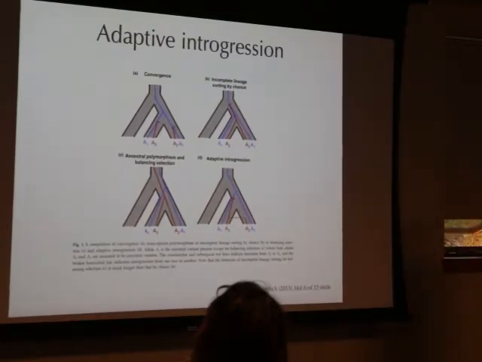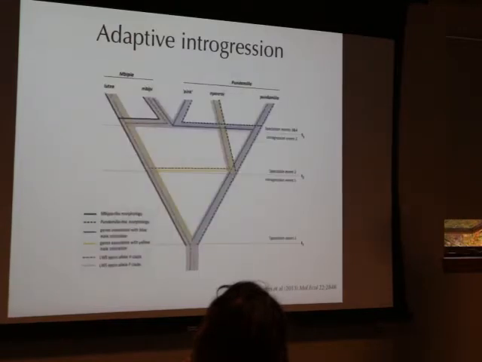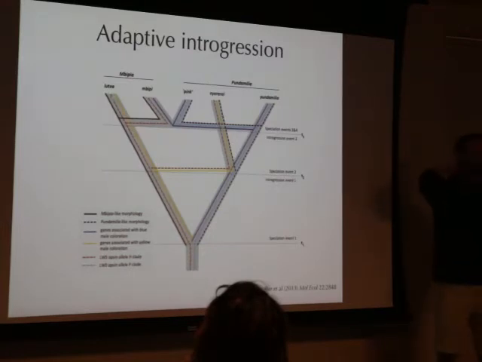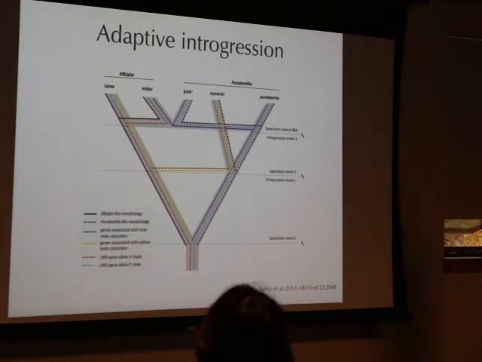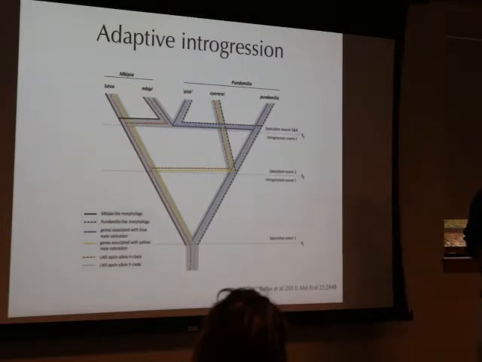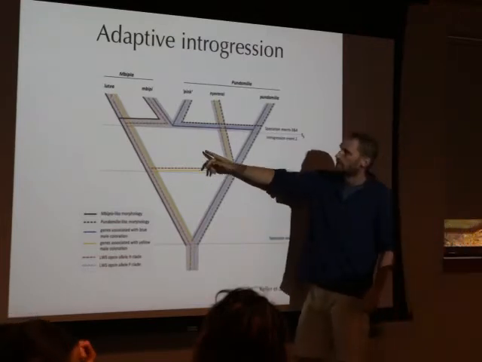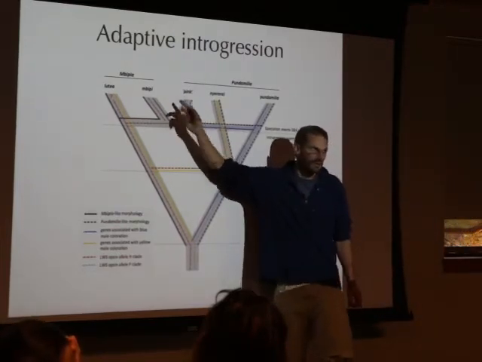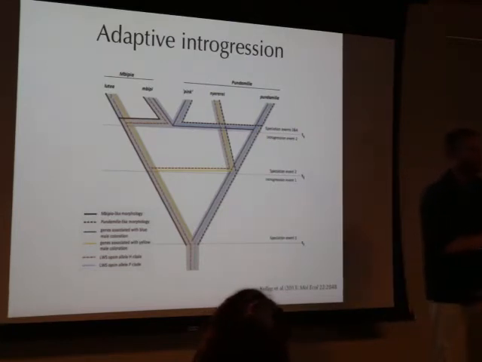So there are lots of cool examples of this, and in particular, all these genomic techniques that we've been talking about have allowed people to really get into detecting these cases. So this is a paper from a couple of years ago looking at cichlid fish in Africa. This was RAD data. Essentially showing hybridization, and hybridization leading to, if not new species, then at least new, well-defined populations.